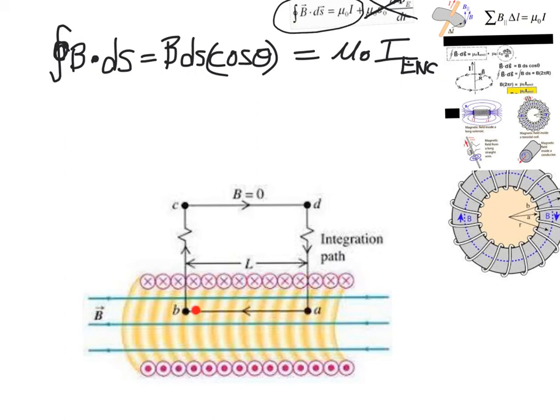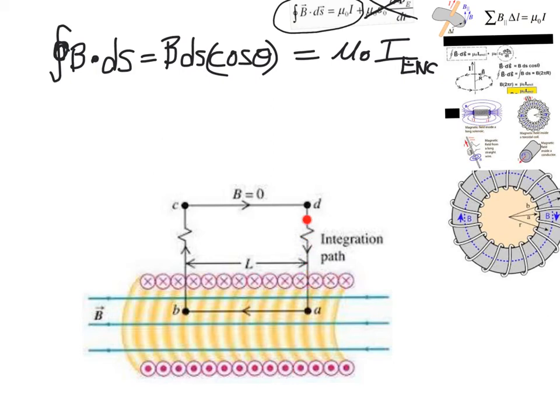The first segment, A to B, is just parallel to the field. Then we turn 90 degrees, and as we go in this direction, this line is always perpendicular to the field, which is along X, because this is along Y. As we go along Y, the field, even outside, is weak and also pretty much along X as it bends back, so the integral along this side will be 0.